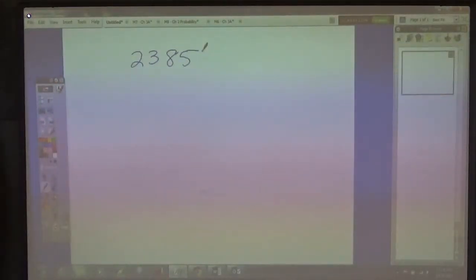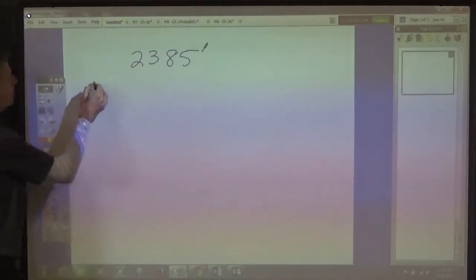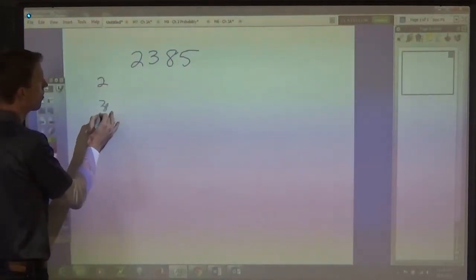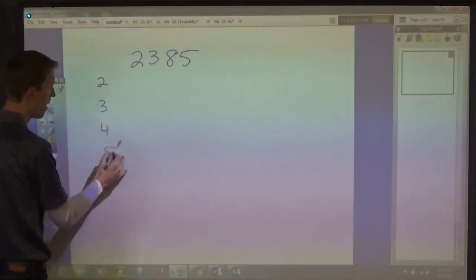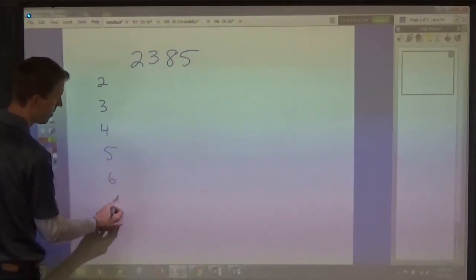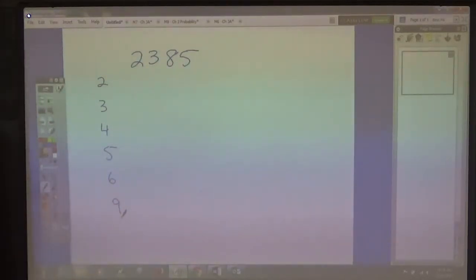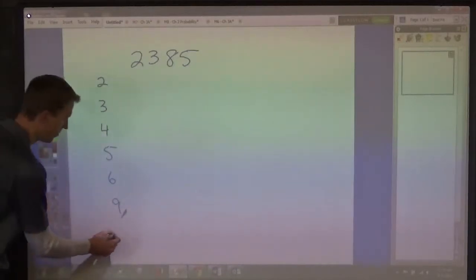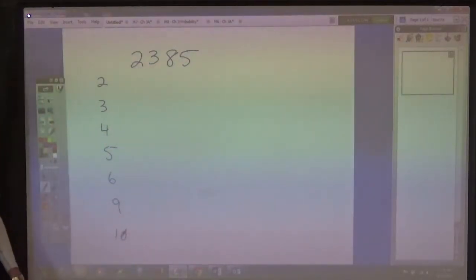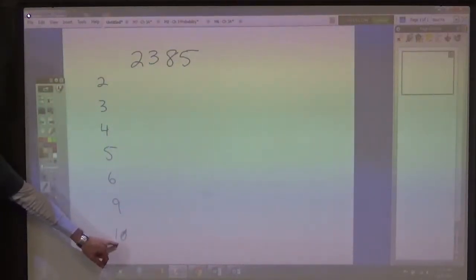Then it asks, is this divisible by 2, 3, 4, 5, 6, 9, or 10? We didn't talk about 10, but what does it have to end with if it's divisible by 10? Abby?